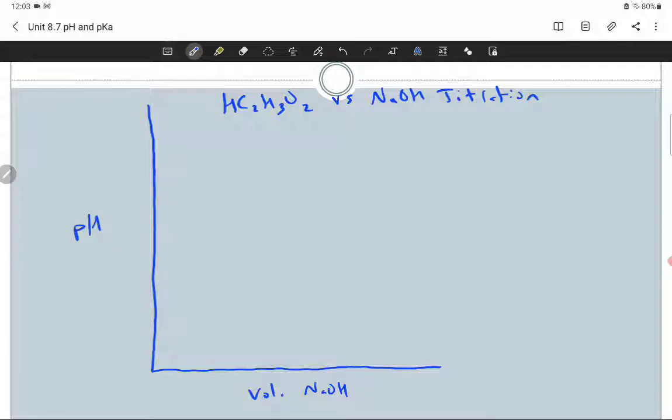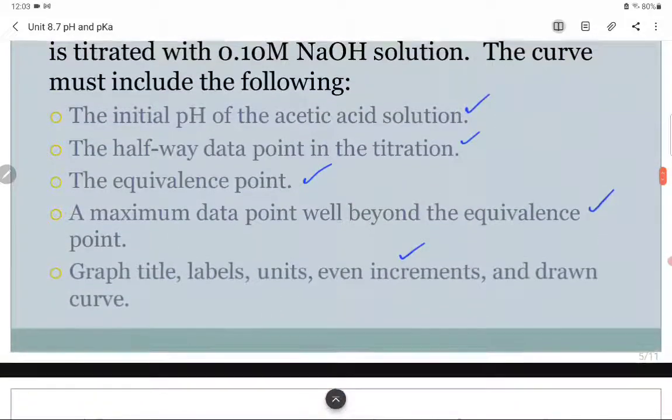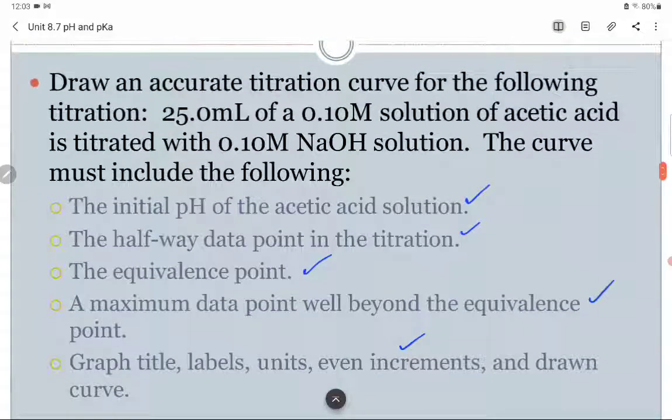Since this is freehand, it's not going to be very good with my increments, so I'm not going to even attempt to put my increments on here. We'll just do the best we can freehand. Let's go back. It was told to us 25 milliliters of 0.1 molar.